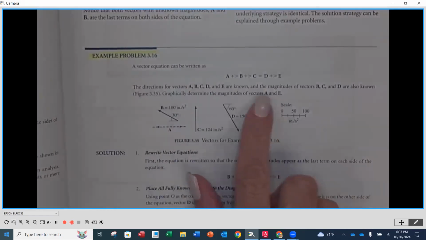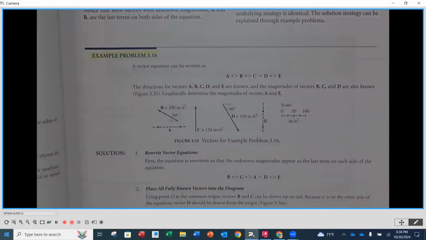As we look at our equation on top, let's talk about algebraic equations first. In a regular algebraic equation, how many unknowns can we have to solve? Just one, right? In vector equations, because each one of those vectors has two quantities to fully define it, we can have two unknowns.